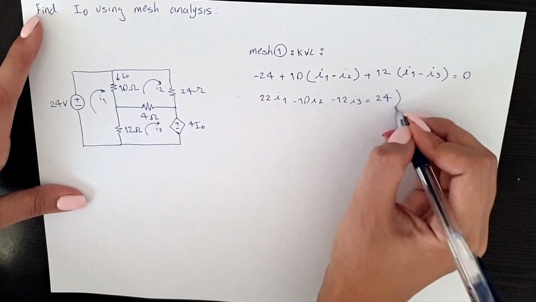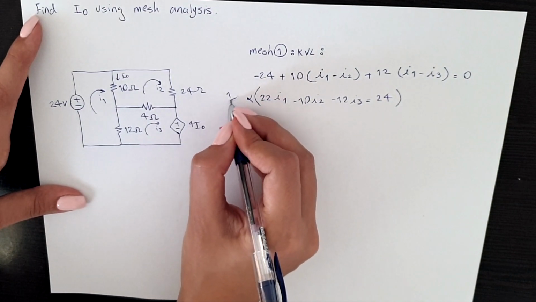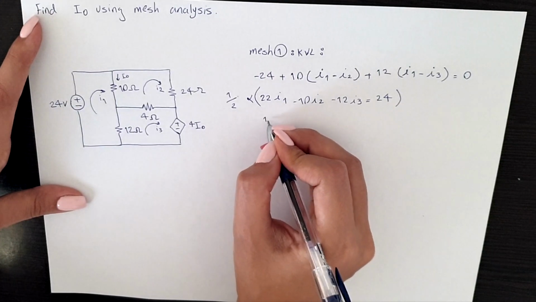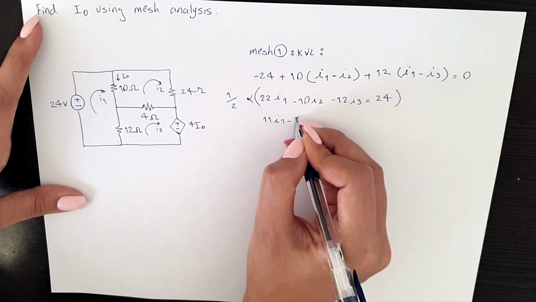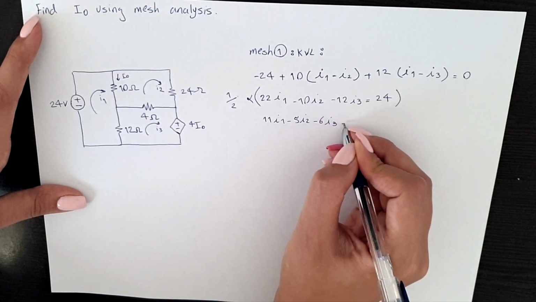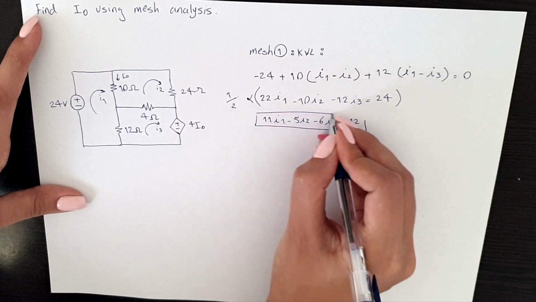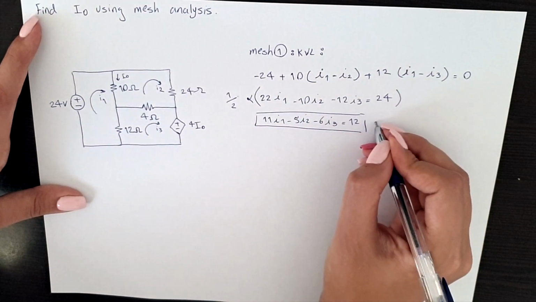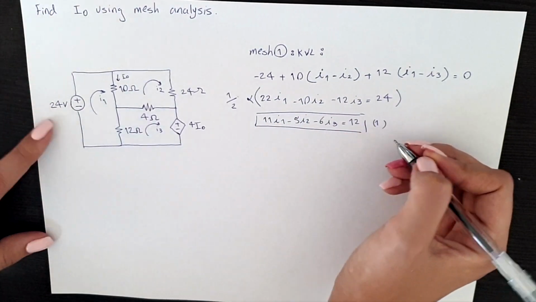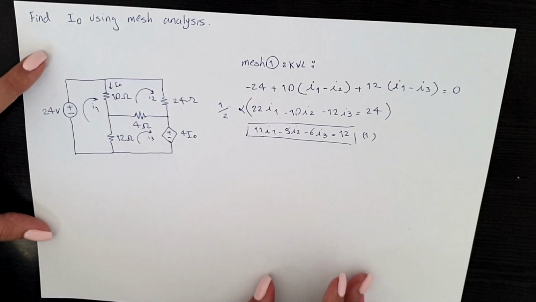Here we can multiply this by 1 over 2, which gives us 11I1 minus 5I2 minus 6I3 is equal to 12. So this is our first equation. We have three different variables we don't know, and because we have three different meshes, we can find three different equations for these three different variables.